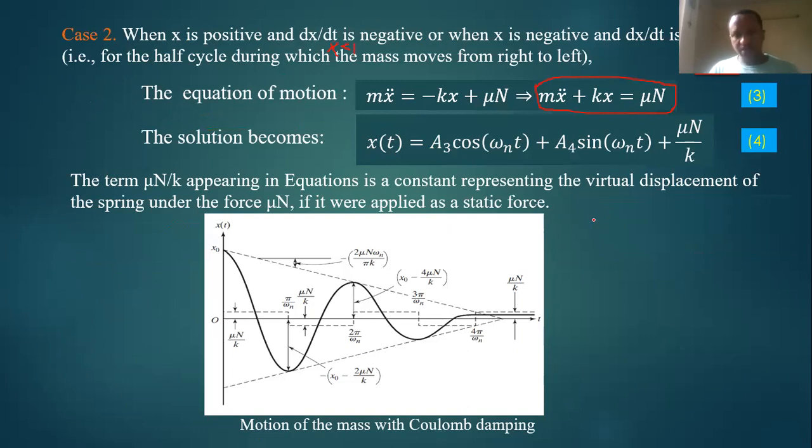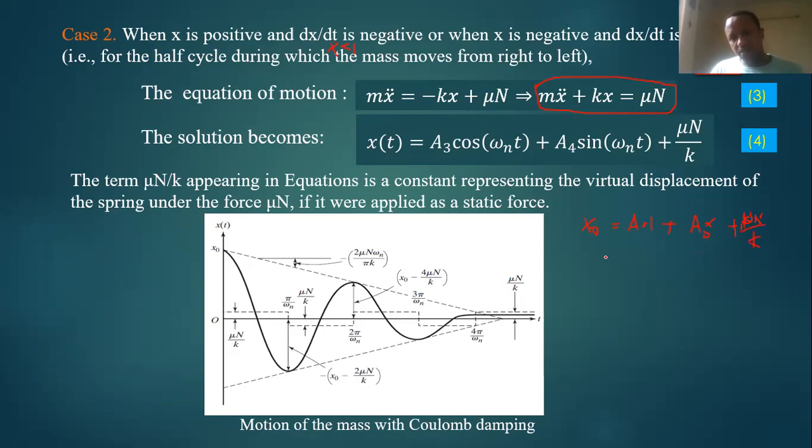Let's see, x of t equal to x naught is A3 times cos of 0, which is 1, plus A4 times 0, plus mu N over k.